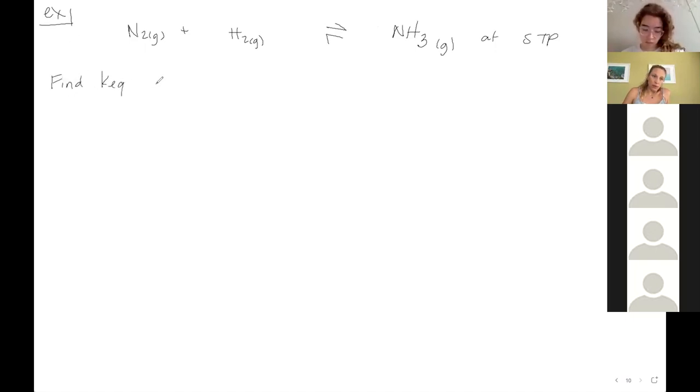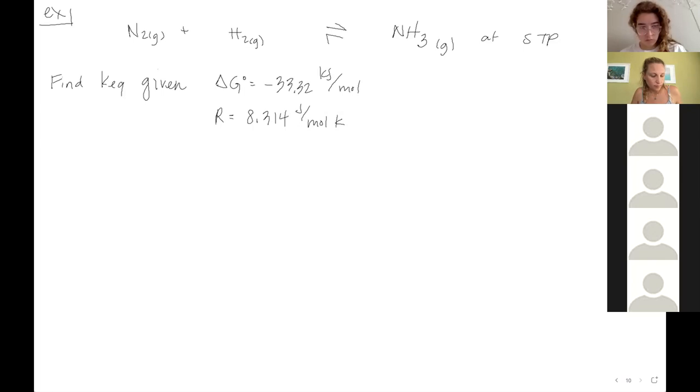Find KEQ given our delta G standard is negative 32.32 kilojoules per mole, and your R gas constant is 8.314 joules per mole Kelvin. So I'll give you like 5 minutes to work on that, and then you will go.